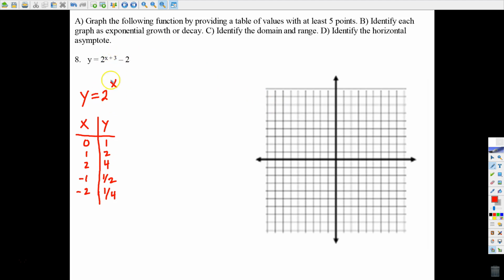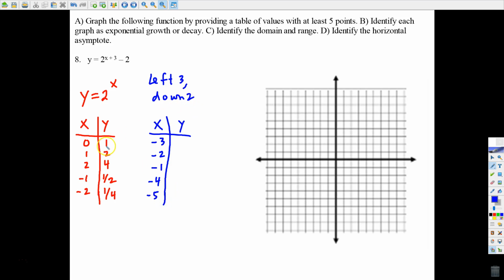All right, so that's the parent, but now let's show the shift or the translation of the parent: 3 to the left and 2 down. So we'll call this table left 3, down 2. To go left 3, that's like subtracting 3 from each of these x's: 0 minus 3, 1 minus 3, 2 minus 3, -1 minus 3, and -2 minus 3.